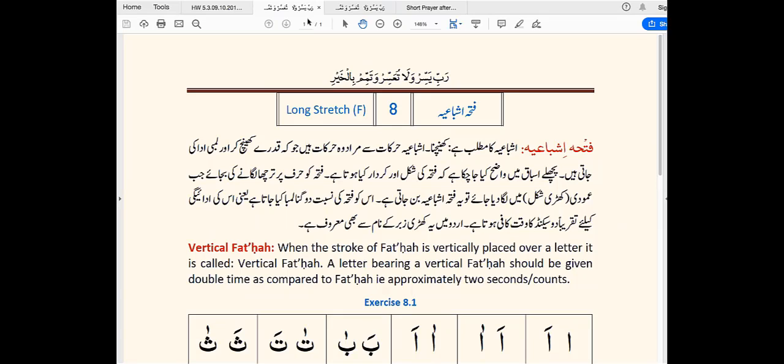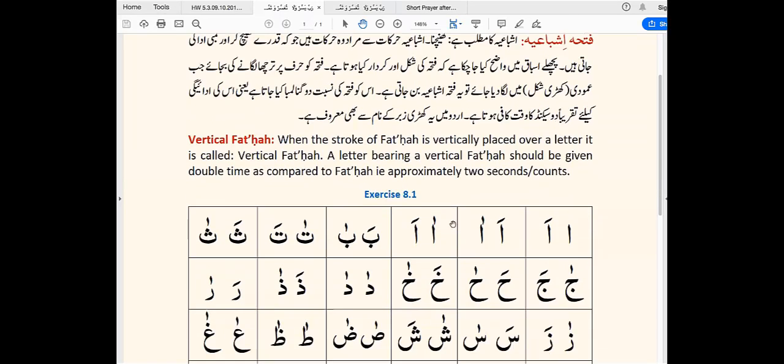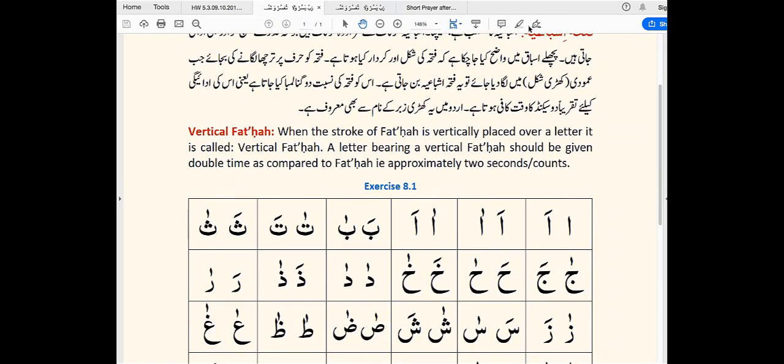Okay, so just a quick reminder, vertical fatha is when the stroke of fatha is placed vertically over a letter, as you can see here. So we have our vertical fatha here, and we have our normal fatha here. The normal fatha we would say a in this example, and with our vertical fatha we will elongate that.